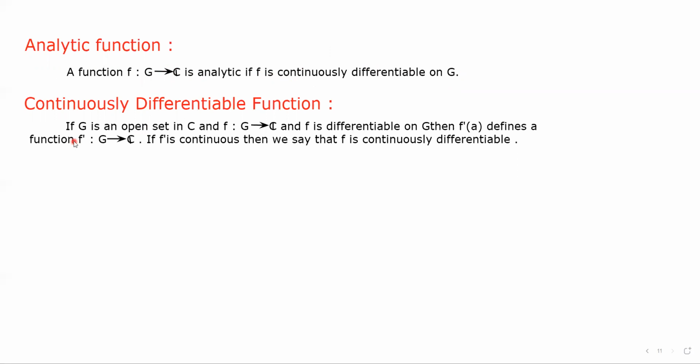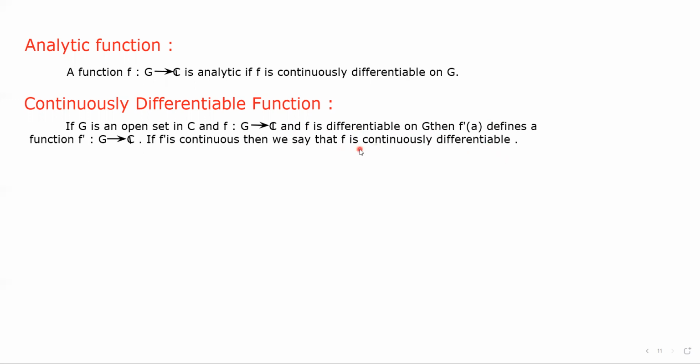If G is an open set in C and f maps from G to C and f is also differentiable on G, then f dash defines a function f dash from G to C, and if f dash is continuous, then we can say that f is continuously differentiable.